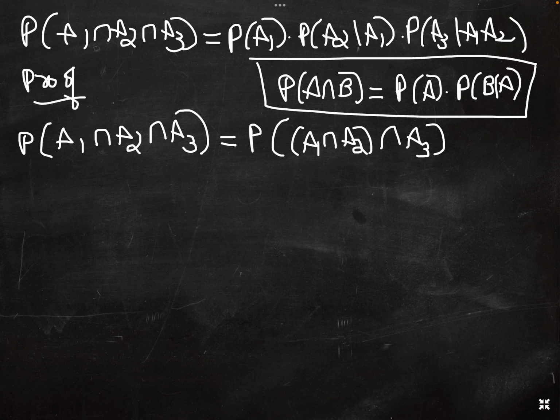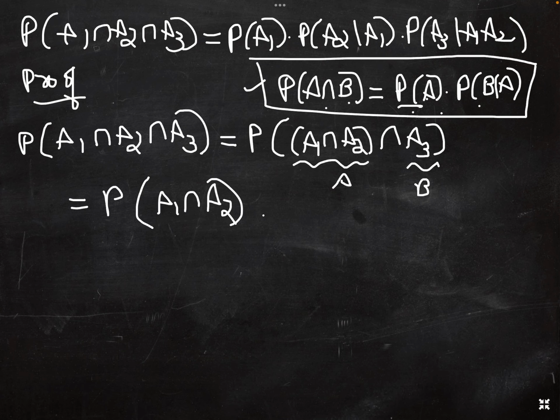Here this is A, this is B. Using this you can write probability of A intersection B is equal to P of A into P of B given A. Here A is A1 intersection A2, and B is A3. So we write P of A1 intersection A2 into P of A3 given A1 intersection A2. We know from the multiplication theorem for two events that P of A1 intersection A2 is P of A1 into P of A2 given A1.